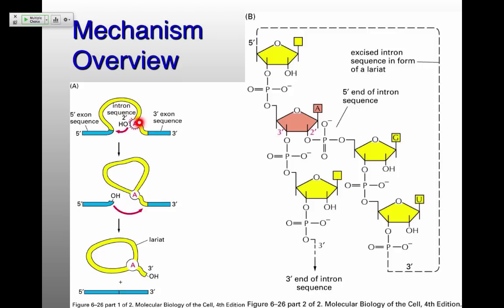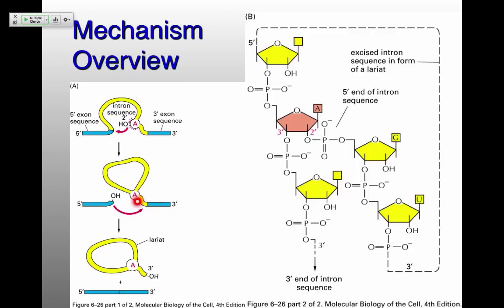The first thing that happens is you have this very strange 2', 5' phosphodiester bond that happens between an adenine, and this is always a conserved adenine. The ribose of that adenine forms a 2', 5' bond with the 5' end of your intron.